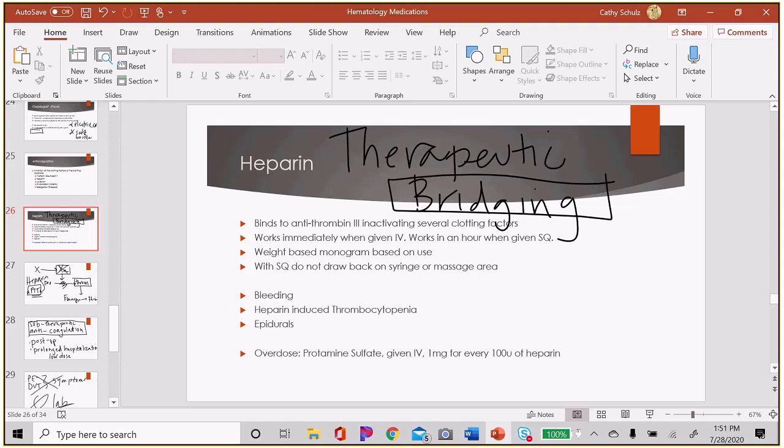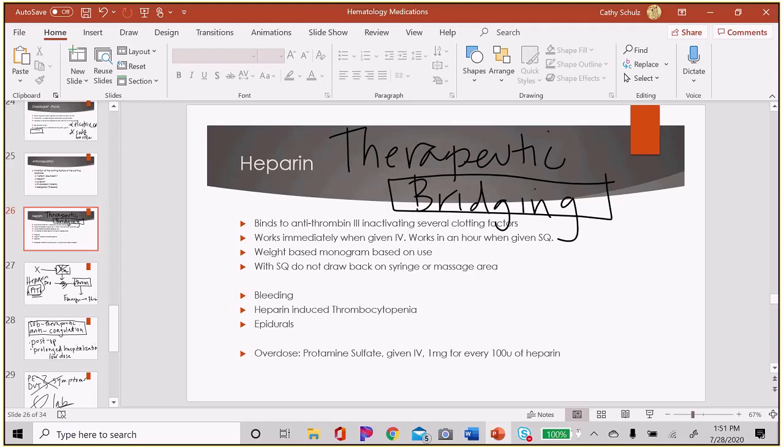Or they're out in the community and got a clot because maybe they have a clotting disorder that they didn't know about, something like that. In the very beginning, when the clot is there, I can put them on high dose or therapeutic heparin and Lovenox so that the clot doesn't get bigger.